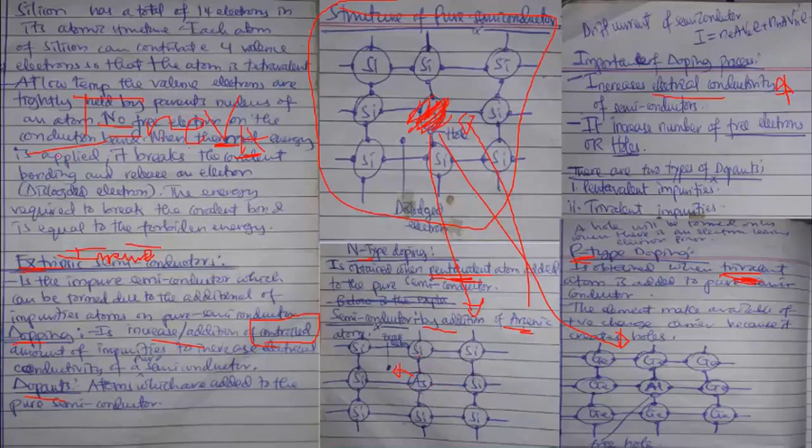But this time, if you want to get the total current, you should take the number of electrons and the number of holes. That's why we say for here electrical conductivity has increased because of the inclusion of the charge conduction.